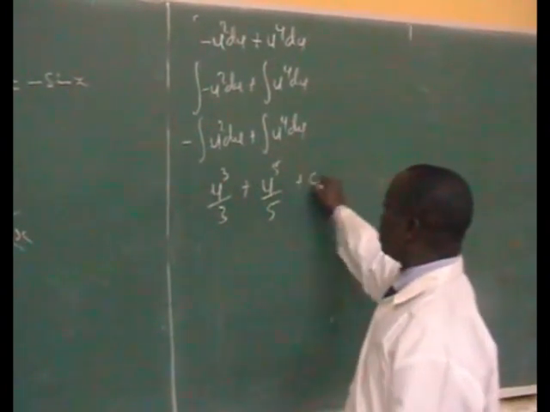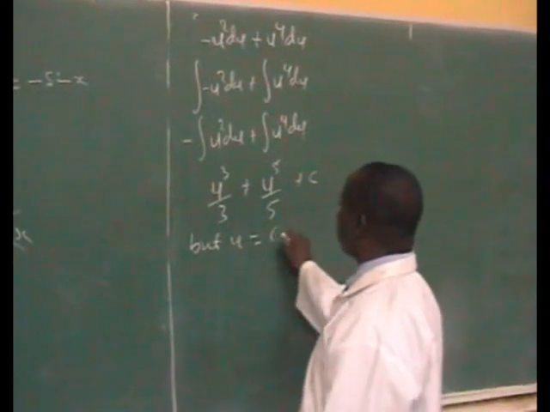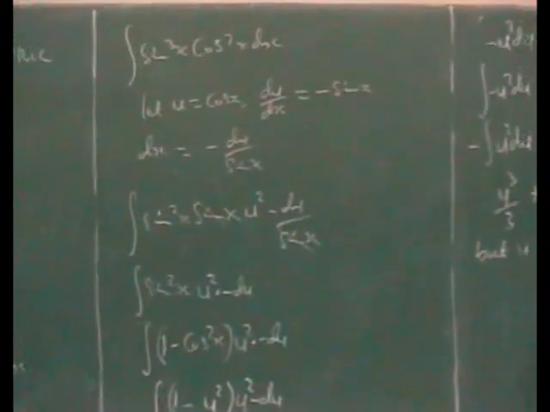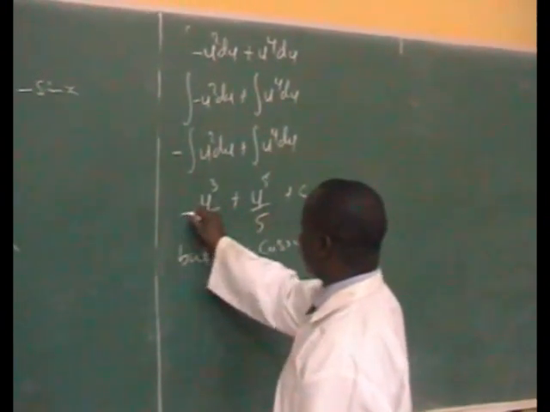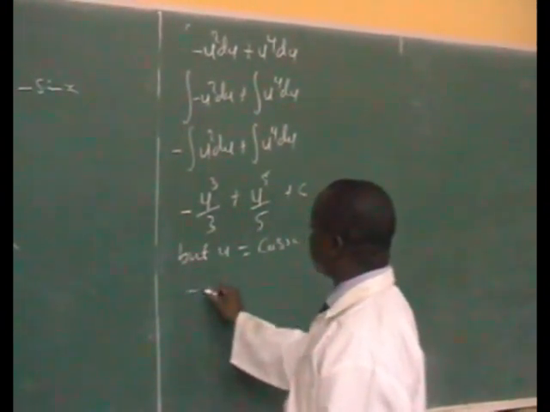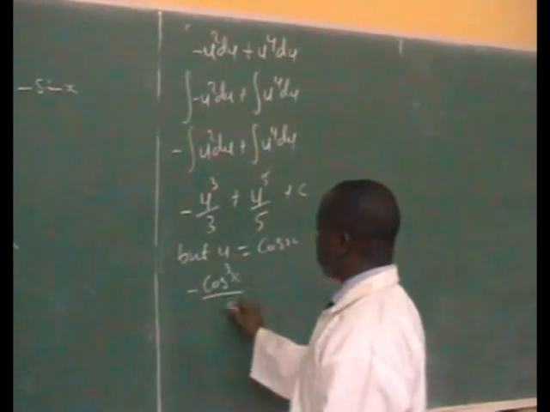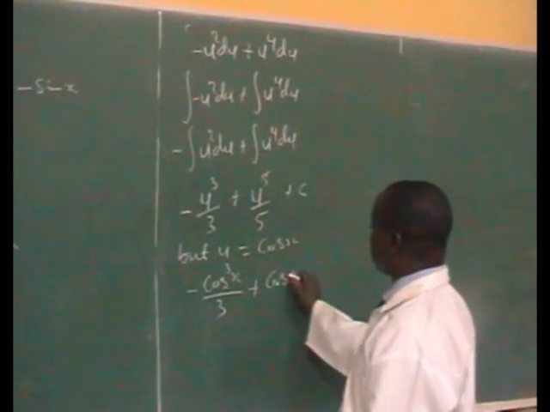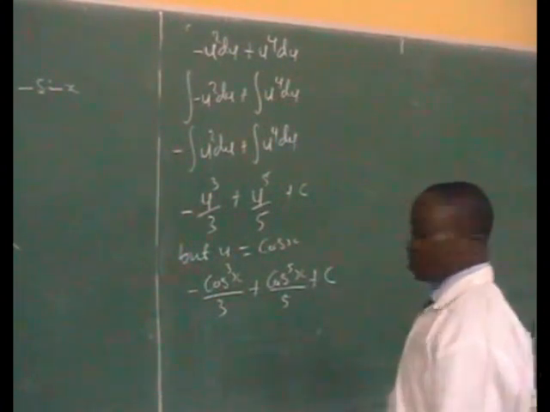Now plus c. But u is equal to cos x. That was what we assigned u to be. So we will now substitute it here. So we will have minus cos cubed x all over 3 plus cos to the 5 x all over 5 plus c.